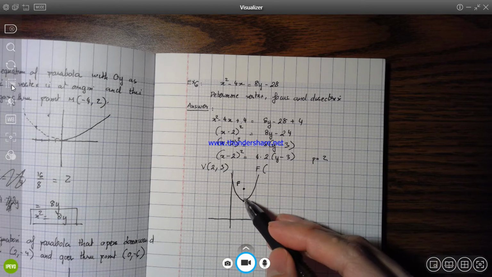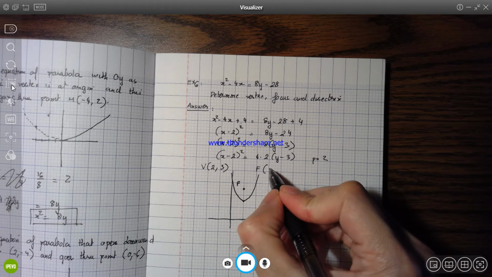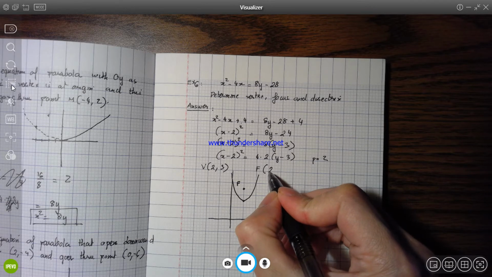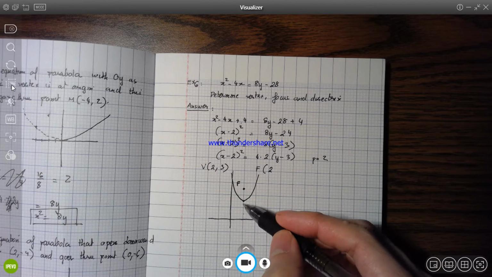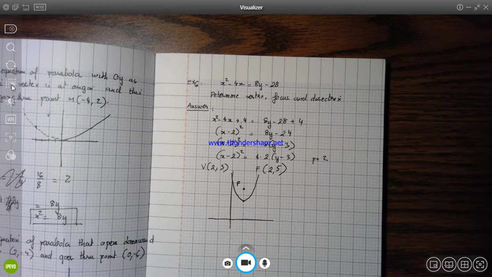It means I can write the coordinate of the focus as 2 and what? 1, 2, 3, 4, 5. So the focus will be (2, 5). Be careful.